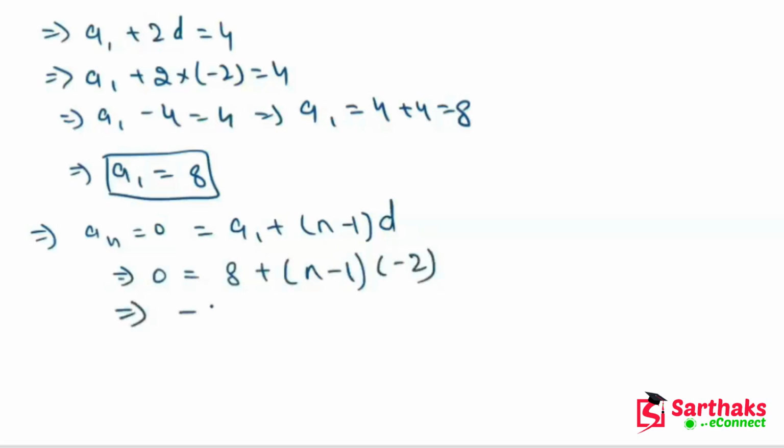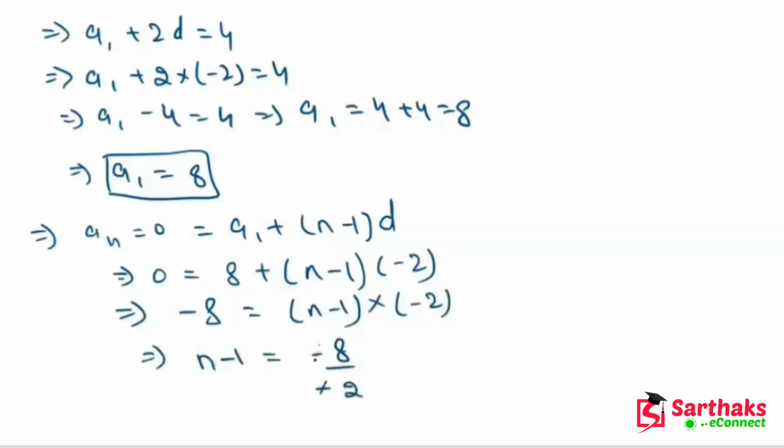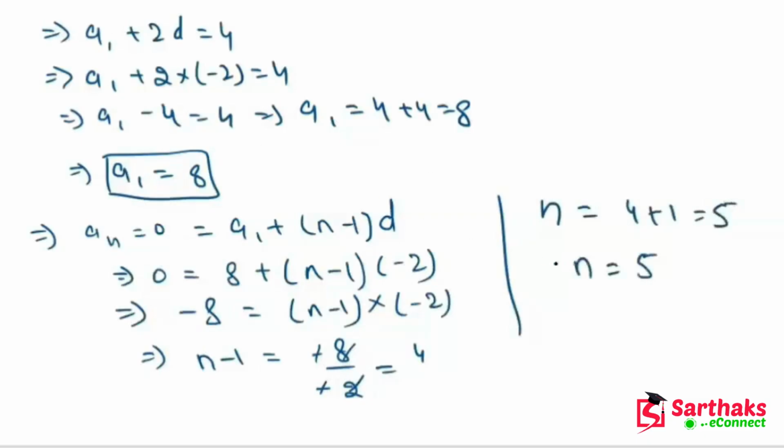It becomes minus 8 equals n minus 1 multiplied by minus 2. Now n minus 1 equals minus 8 divided by minus 2, which is 4. From this, n is 4 plus 1, which is 5. So the value of n is 5. This is our answer.